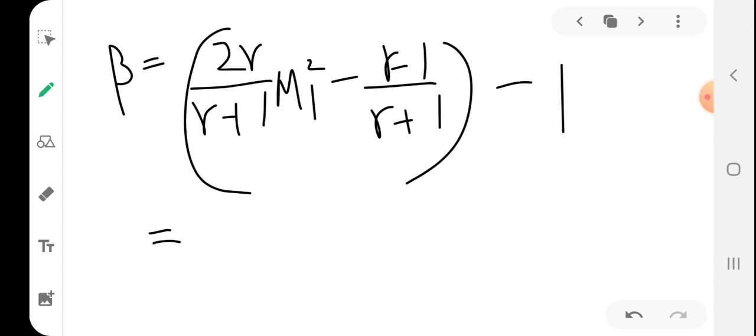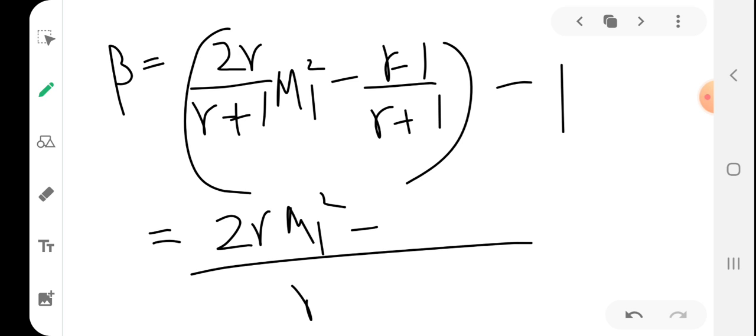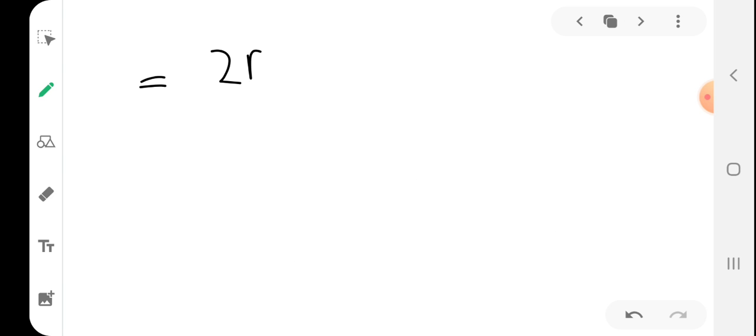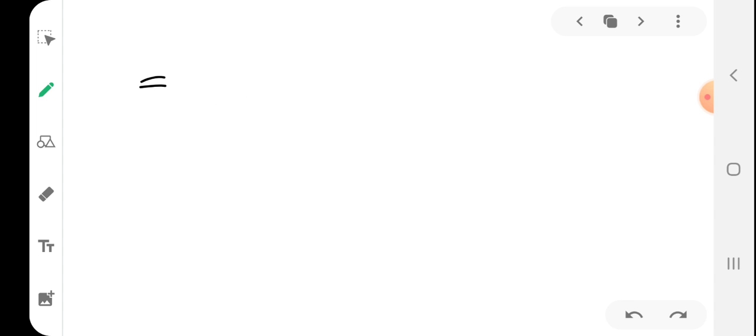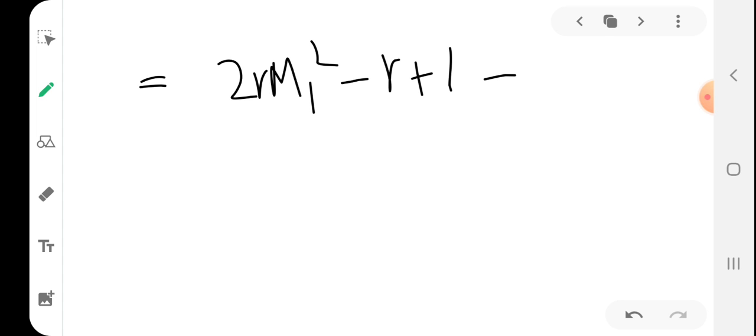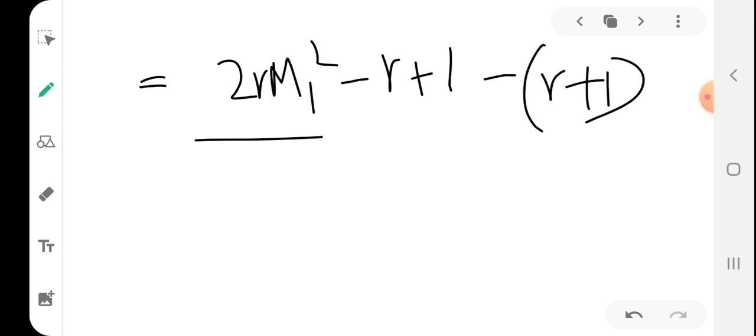Let us simplify this. The denominator gamma plus 1 is common, so we get 2 gamma M1 square minus (gamma minus 1) minus (gamma plus 1), all divided by gamma plus 1.